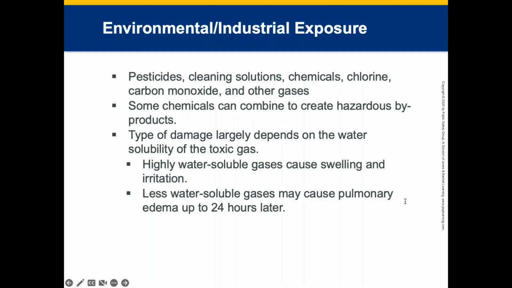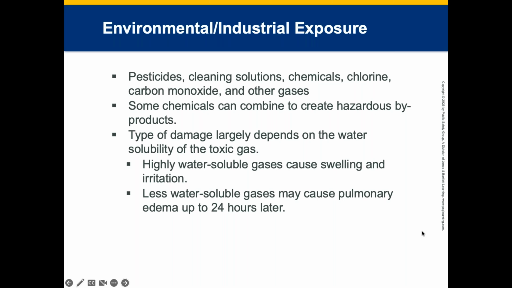Right. So some environmental industrial exposure now. So potentially toxic substances can be inhaled. You know what you do for work. Pesticides, cleaning solutions, chemicals, chlorine, carbon monoxide, and other gases. Chemicals such as ammonia and chlorine bleach can create a hazardous byproduct as well. Okay.